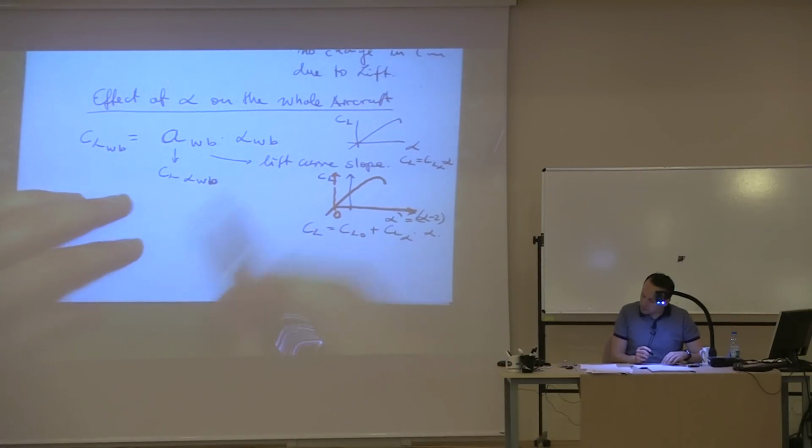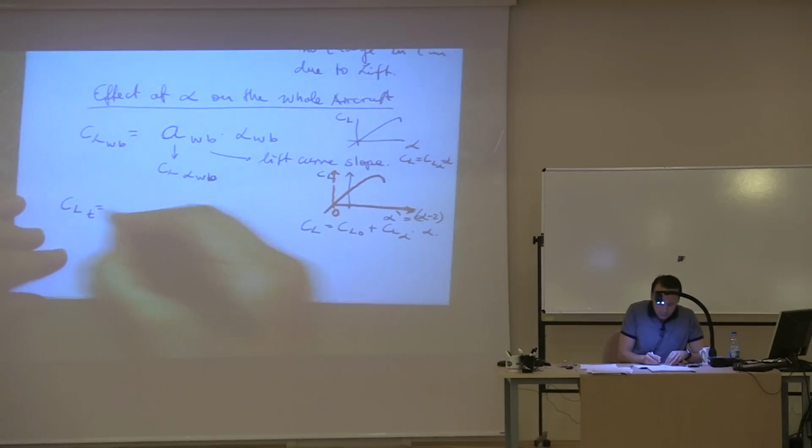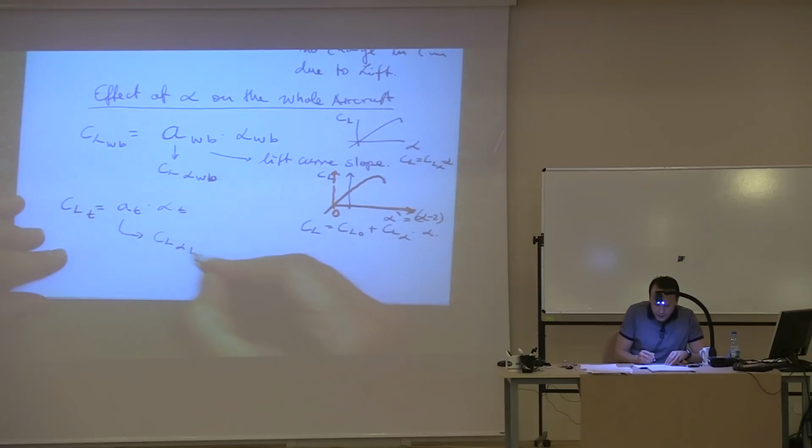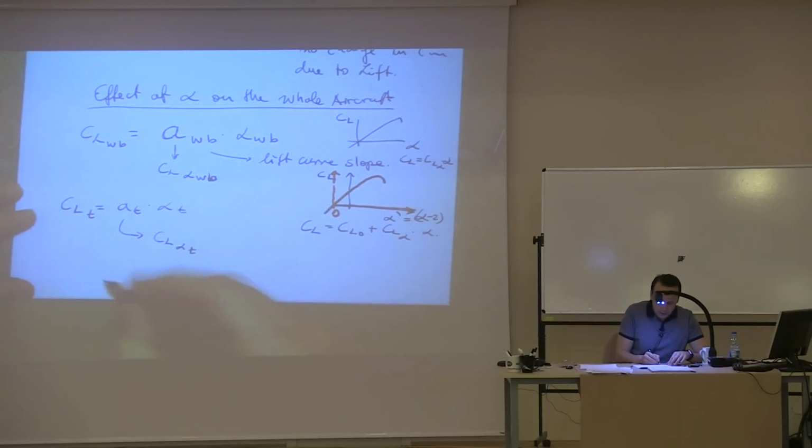So, okay, this is this. For the tail, it is equal to AT times alpha t. AT again is CL alpha of the tail, and it is the lift curve slope for the tail. Okay. Now here's an interesting thing though. The alpha tail.